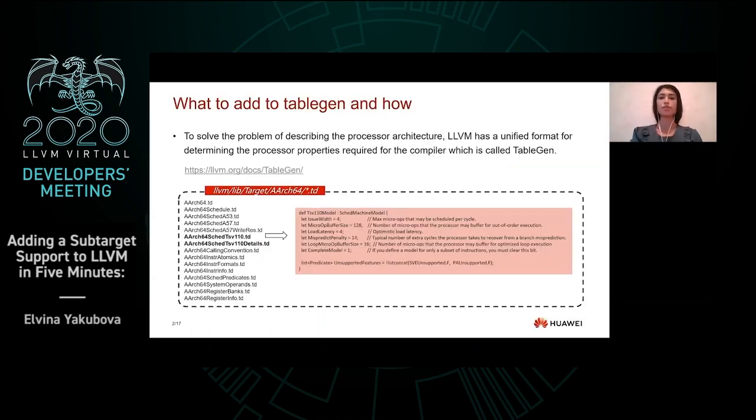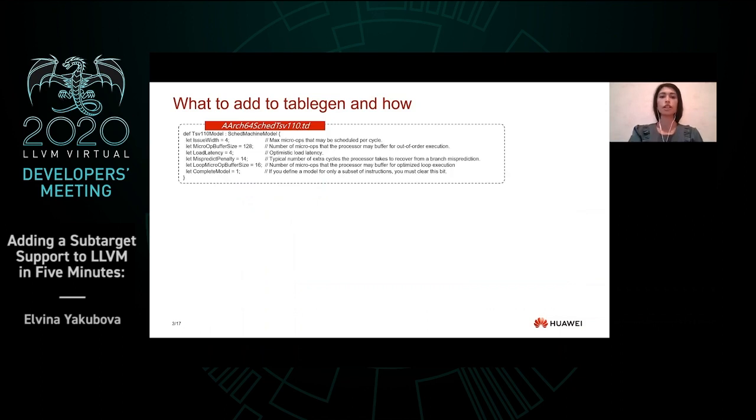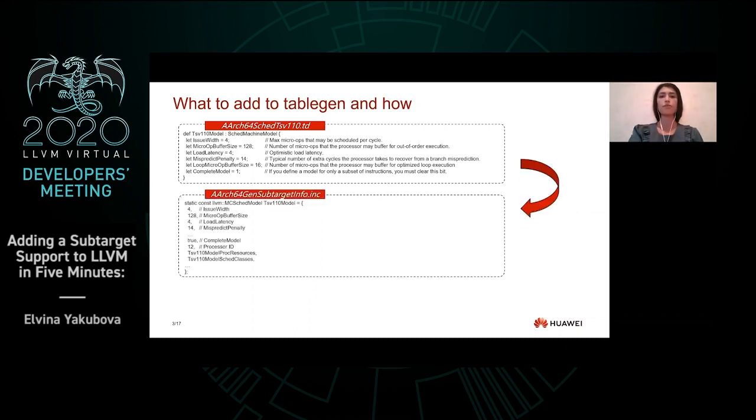LLVM has a unified format for determining the processor properties required for the compiler, which is called TableGen. For each supported architecture, .td files contain a description in a special formal language. All interactions between the TableGen description and the LLVM backend code are provided by the generated .inc files that contain the C++ code.